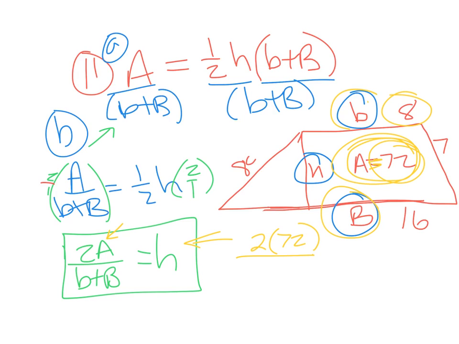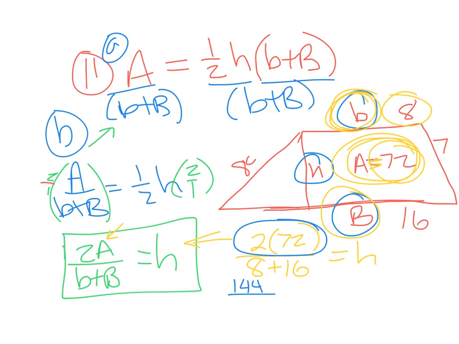Divided by, where's my little b? What's the measurement of my little b? What's the measurement of big B? 16. Yep. And all that's going to equal h, which is what we're solving for. So now let's solve this. What is 2 times 72? 144.